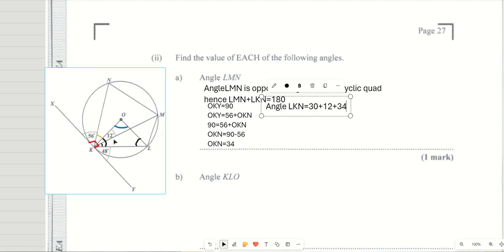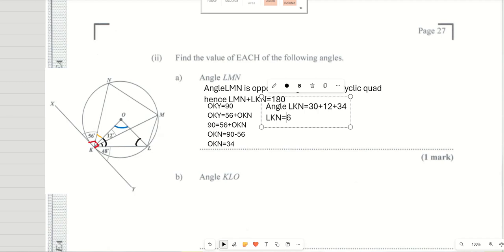So LKN would be equal to 42 plus 34, that is 76.